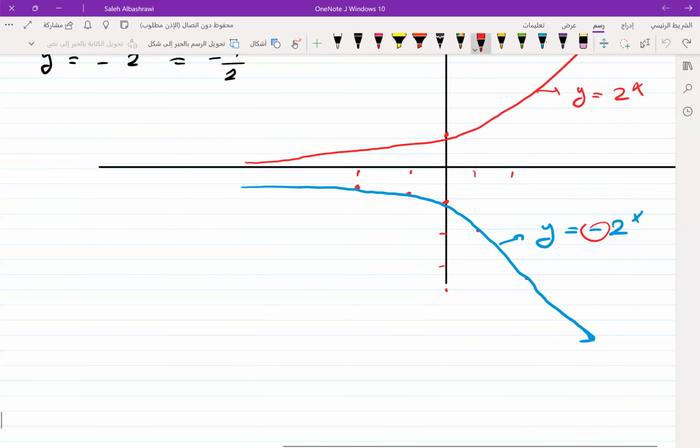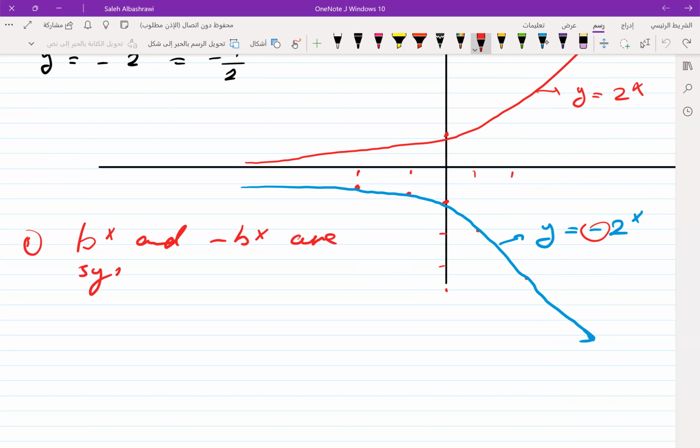So we can say now b to power x and minus b to power x are symmetric or reflection about the x-axis.